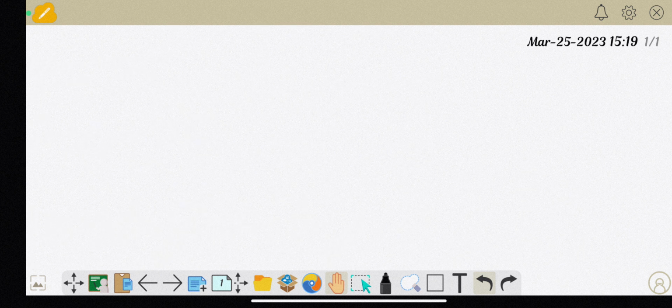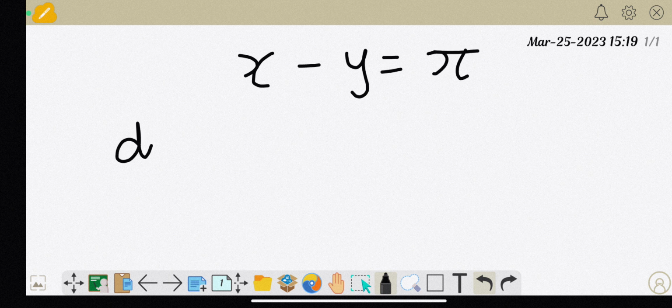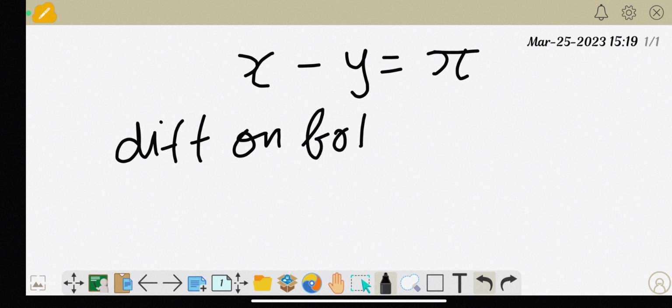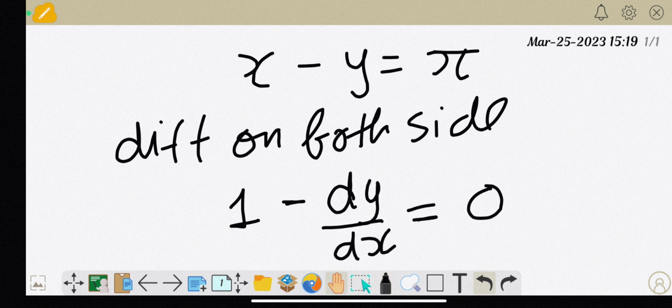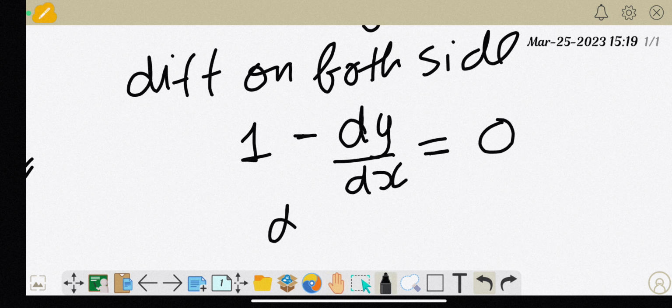Or else, for the same question, x minus y is equal to pi, differentiate on both sides. Differentiation of x is 1, minus differentiation of y is dy by dx, and differentiation of a constant is 0. If I rearrange it, I get the same: dy by dx is equal to 1.